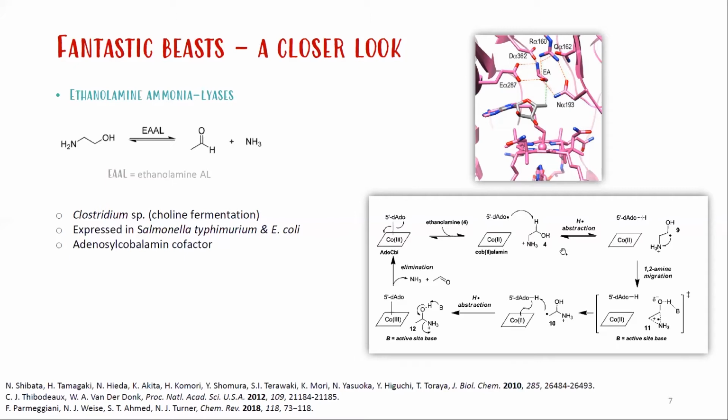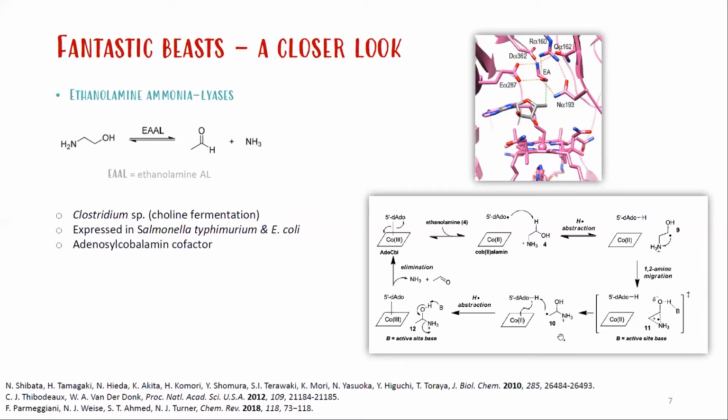So what is suggested happens then is this very interesting amine migration, which we basically have this kind of tri-membered ring transition state, which is hypothesized to form.